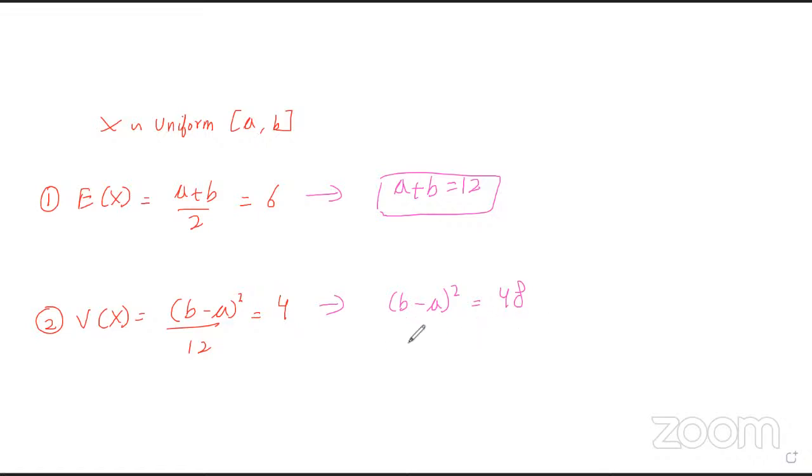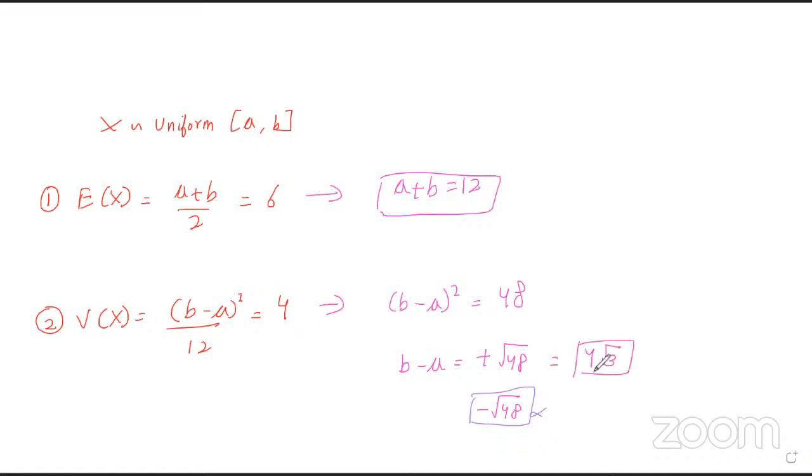Again, I can take the square root on both sides, so I will get b minus a is equal to plus 48 root and minus root 48. Again, I cannot take the negative value, right? Yes, because my b should be greater than a. So it would be 4 root 3.